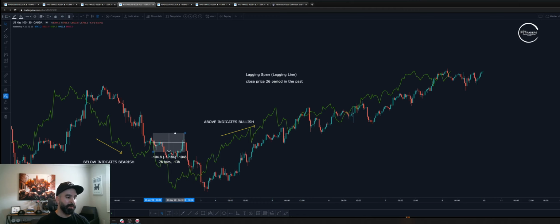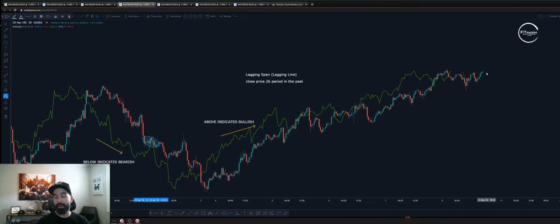Well, let's go look at it over here. So let's use this candlestick, and we're going to see where the lagging span closed, because this is 26 periods in the past. So that's the candlestick right over here. So now what I want to do is look at that candle, look at where the lagging span would have been at this time. Okay, that's where it would have been at this time. Reminder, prices are here. We see this now because we've already printed.